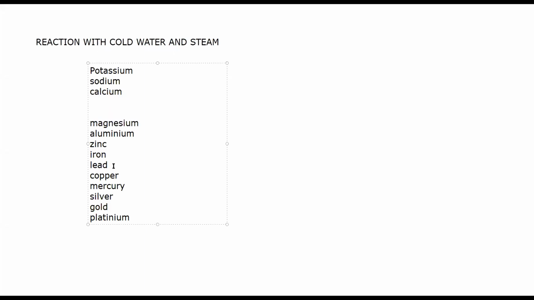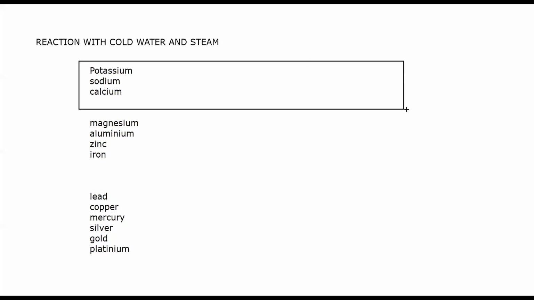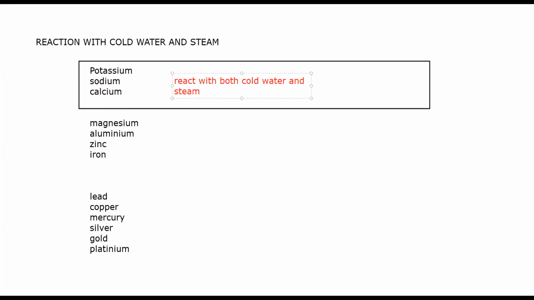So the reactivity series: potassium, sodium, and calcium, they can react with water, and as a result, they react with both cold water and steam, and give, meaning make the solution alkaline, or give metal hydroxide and hydrogen.